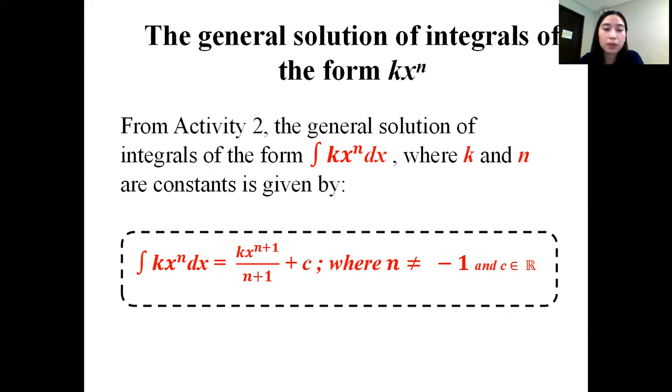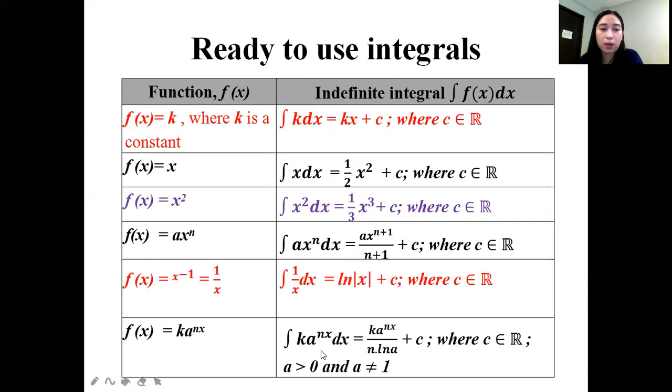Since reverse action naman siya ni differential calculus, di ba ang ato ang ginabuhat sa calculus is n minus 1. So here we are going to add 1. So kx^(n+1) over n plus 1 plus c. So dili nato limtan si c, which c stands for any real number, where n is not equal to negative 1 and c is any real number.